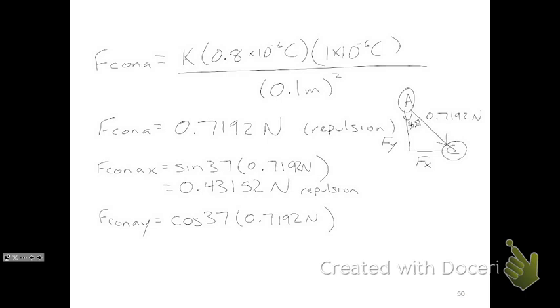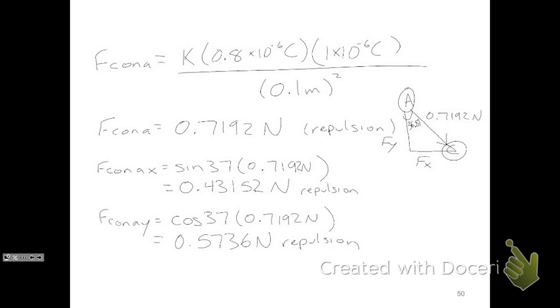And if we do that, we get 0.5736 newtons of repulsion again. Okay, great. So what do we do with those? That's a really good question. You have to add the Y to the other one. Yep, but that Y is going to be negative.